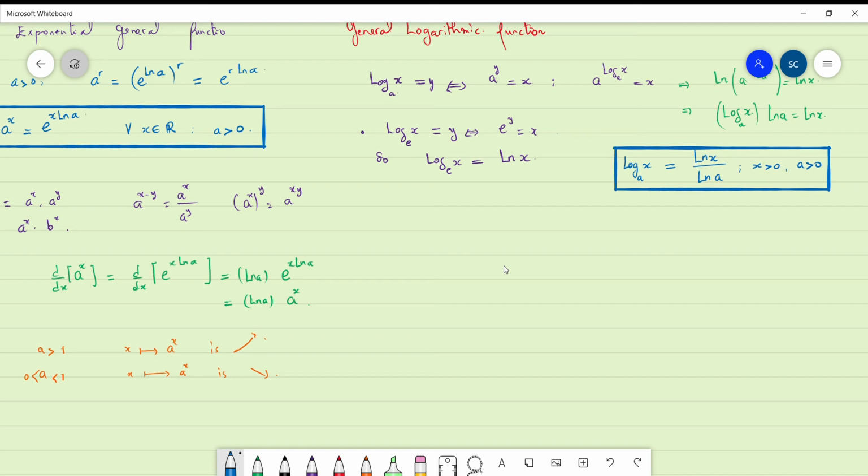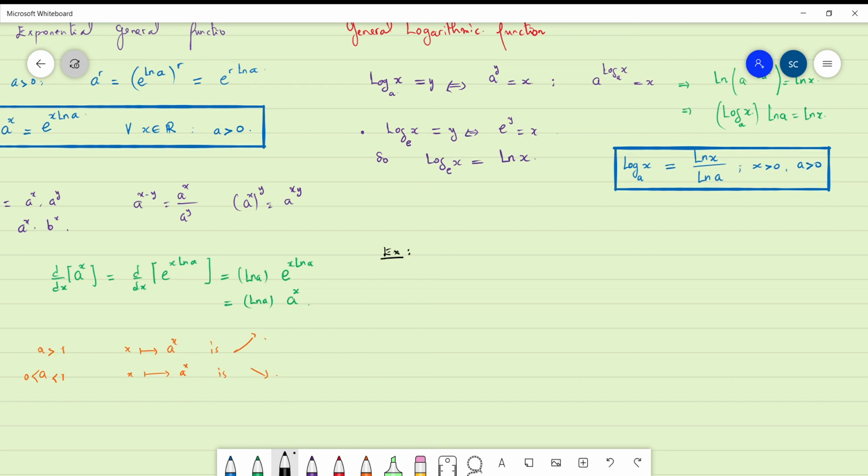Let's practice some questions. The first one, for example: I can be interested in computing limits, simplifying quantities.